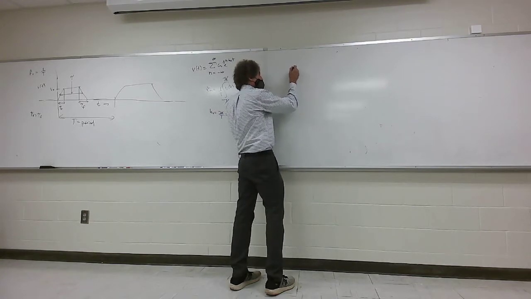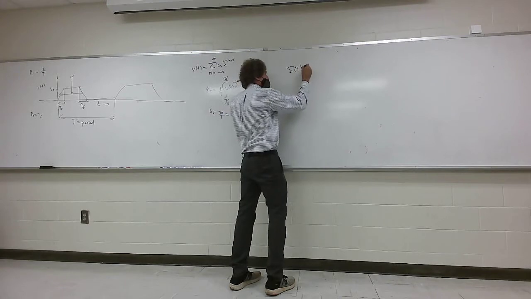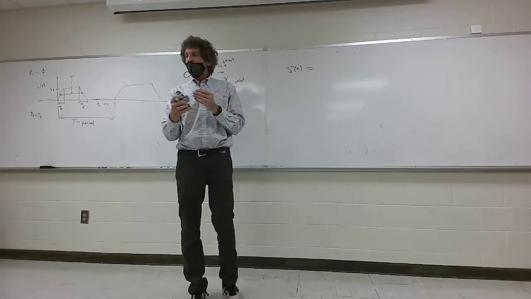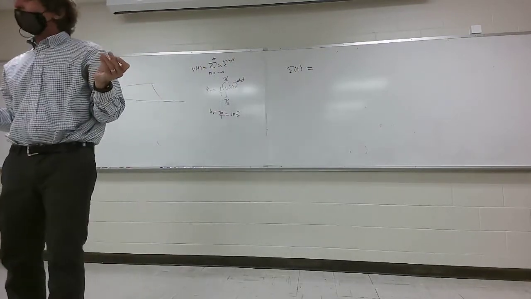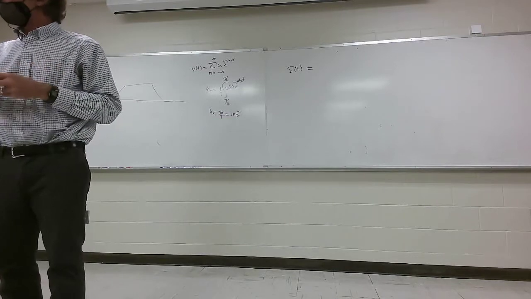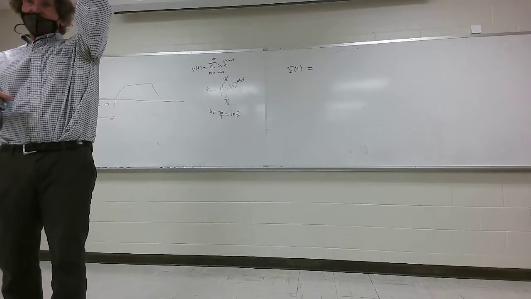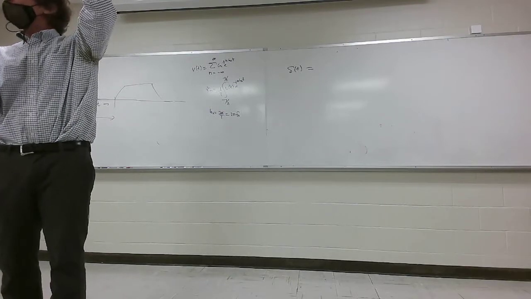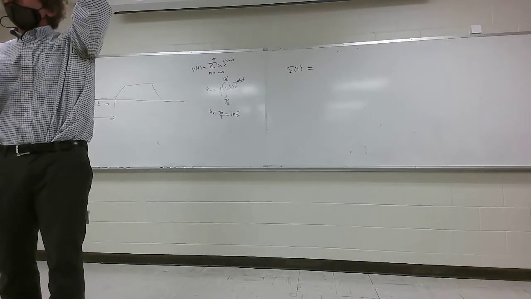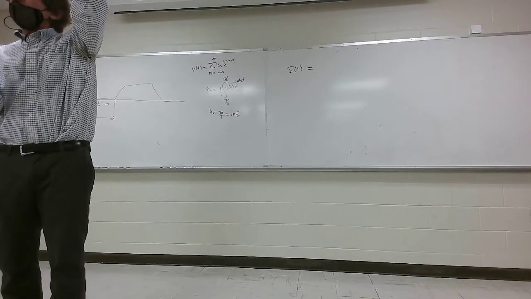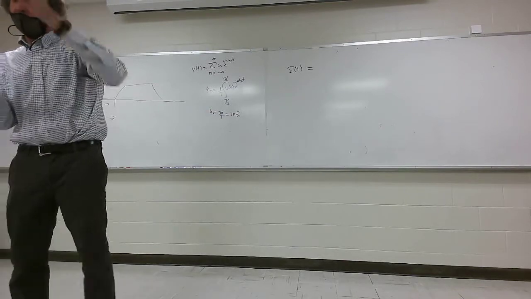When I take a look at delta of t, what is the definition of delta of t in your own words? However you want to do it. What is that usually? Something infinitely tall, in a sense, with a width that is infinitely small, where the product of the width times height is 1. Do y'all remember that?